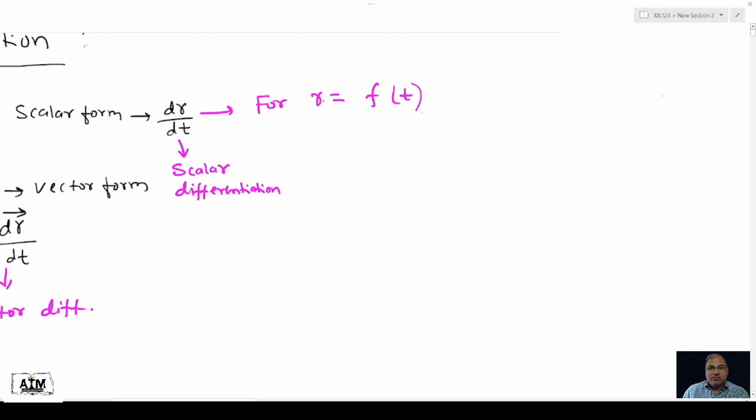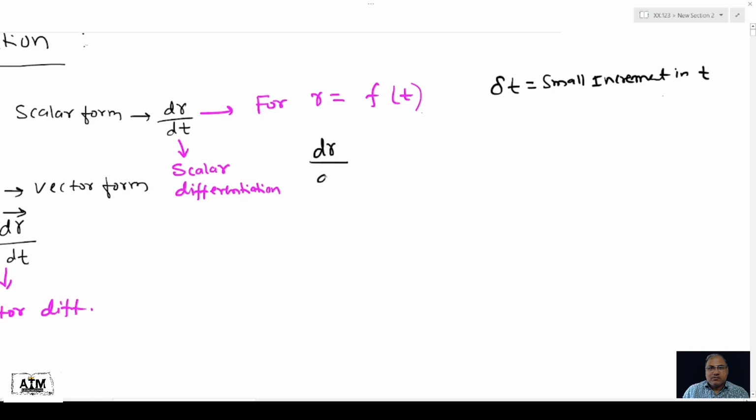Suppose we consider the function R equals f of t, and consider delta t to be a very small increment in the value of t. In that case, how do we define scalar differentiation?